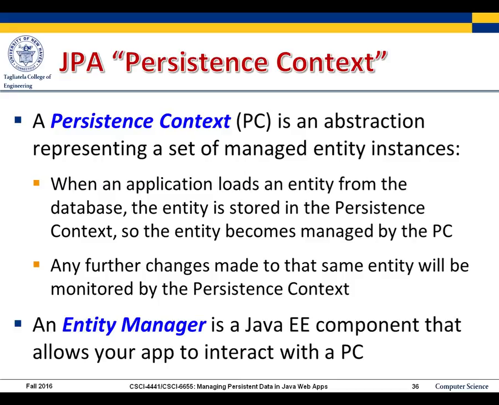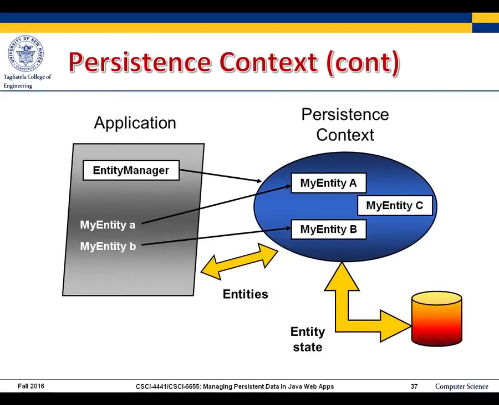Now, the thing that you interact with after the persistence context, which you have to specify so it knows what kind of database you're working with, is something called an EntityManager. And that's what you actually interact with. So from your point of view in your application, there's essentially the EntityManager, which you get a handle on.